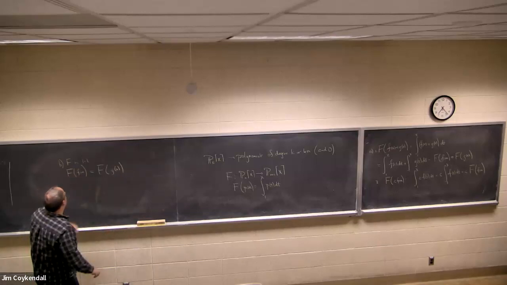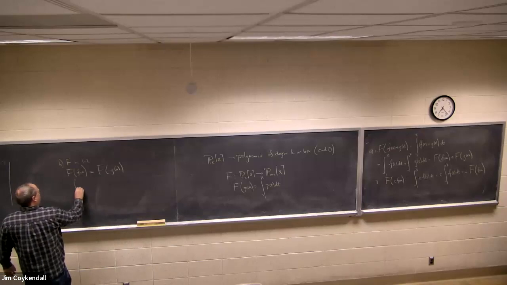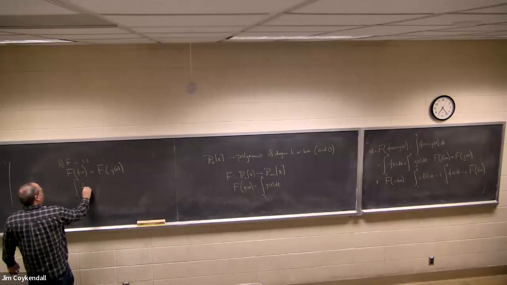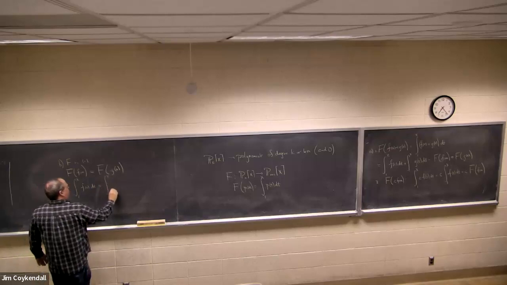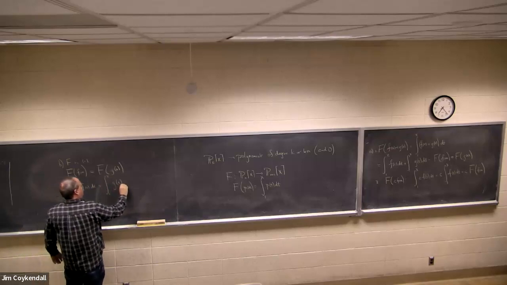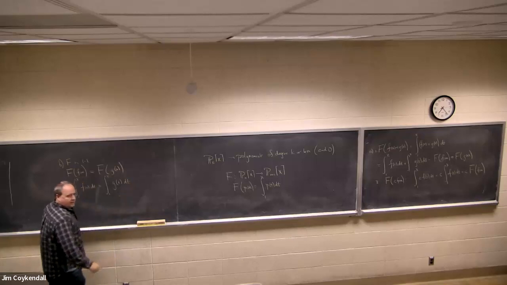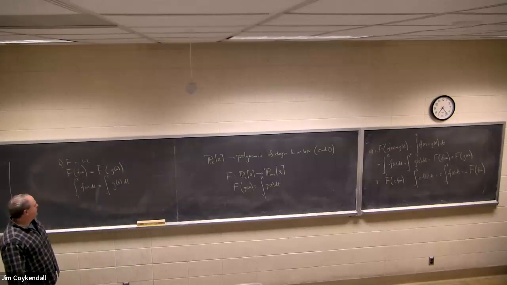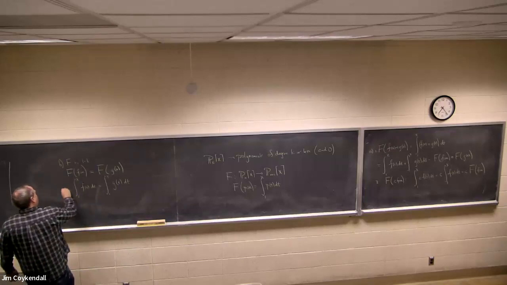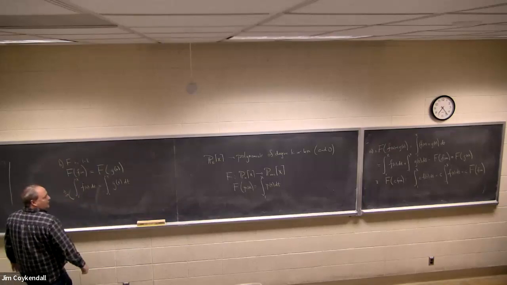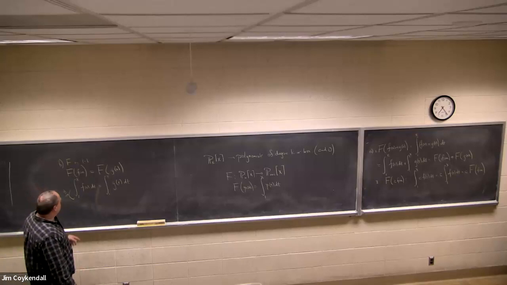Well, suppose we have this, so the integral from 1 to x of f equals the integral from 1 to x of g. These two integrals are the same. So next step, take the derivative, by the fundamental theorem of calculus.